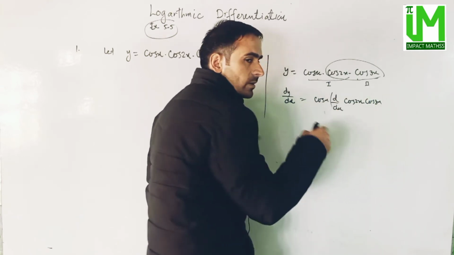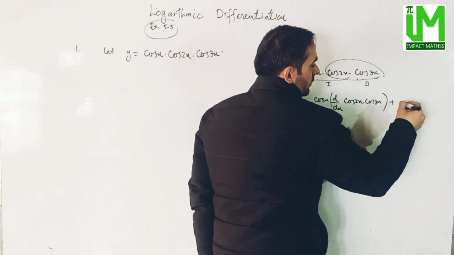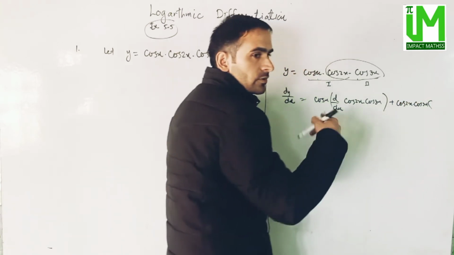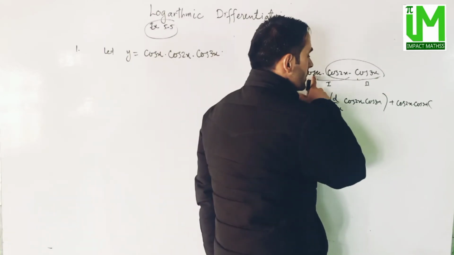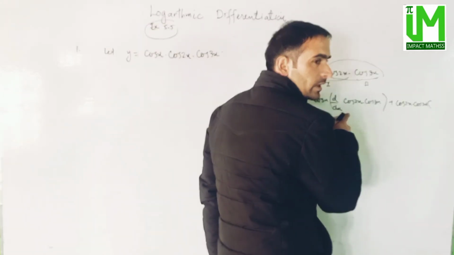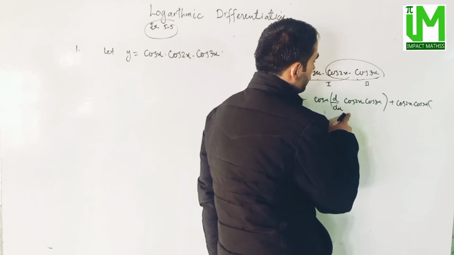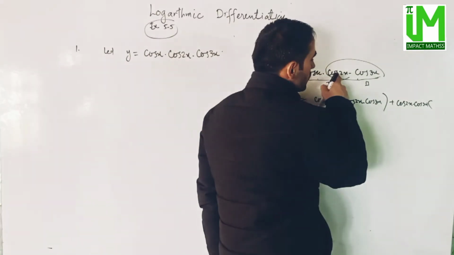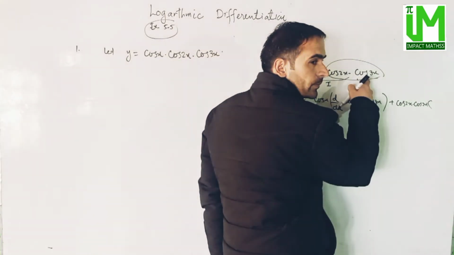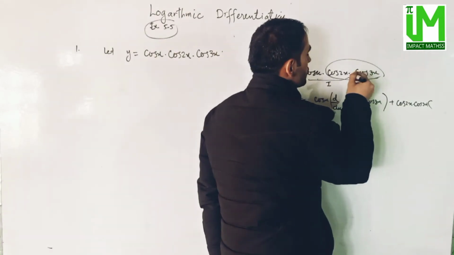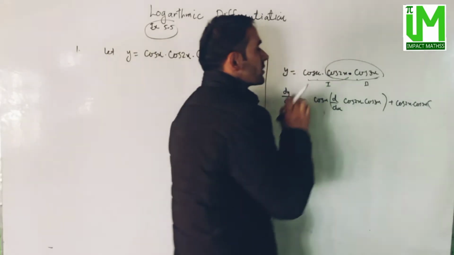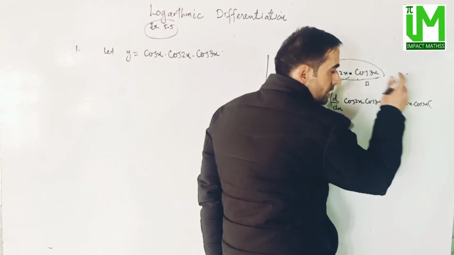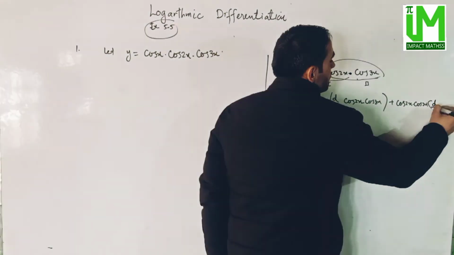After that, plus cos of 2x into cos of 3x into d by dx of the first function, into the differentiation of the second function, plus cos of 3x multiplied by cos of x into cos of 2x into cos of 3x, then we have here the second function into the differentiation of the first function.